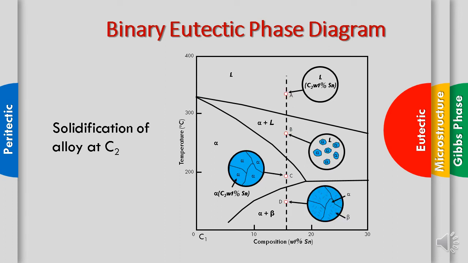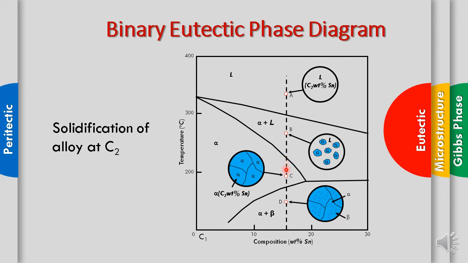So at line C2, maybe we can represent it like this. If we want to see the transformation of alpha, here there is no alpha, and then the alpha starts to form and grow bigger, and then it hits this area, where the alpha is almost 100%.